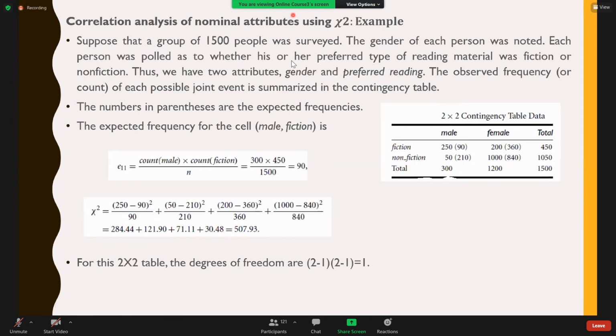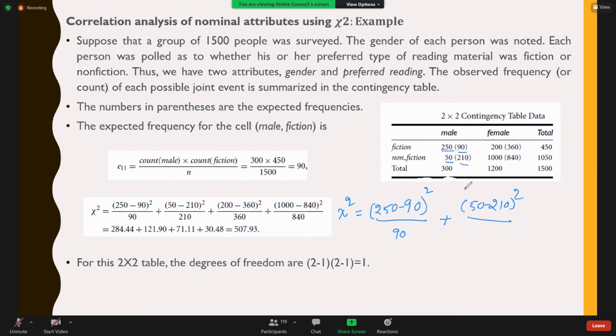Yeah, here we have done it. So this one, chi-square equal to 250 minus 90, the difference between the observed frequency and expected frequency, squared, divided by E_ij, 90, plus this one, 50 minus 210 whole square, divided by E_ij.